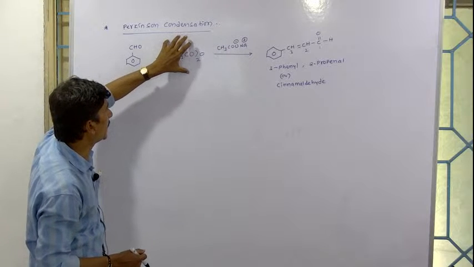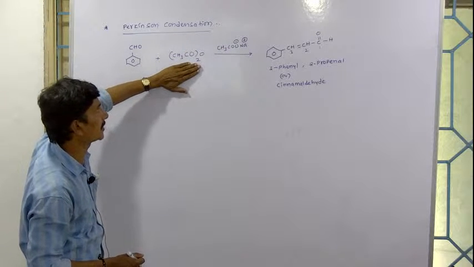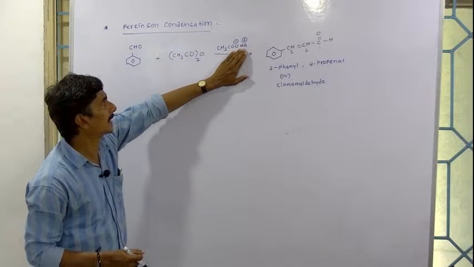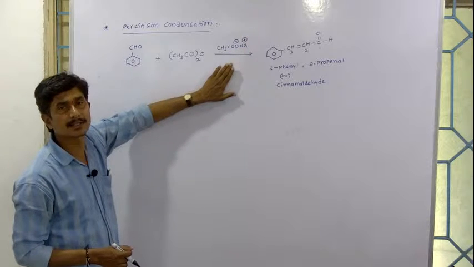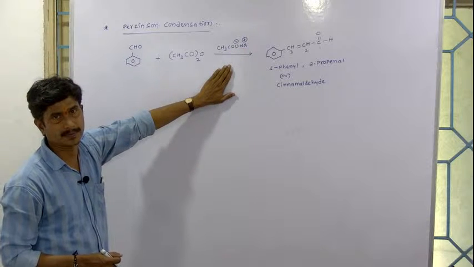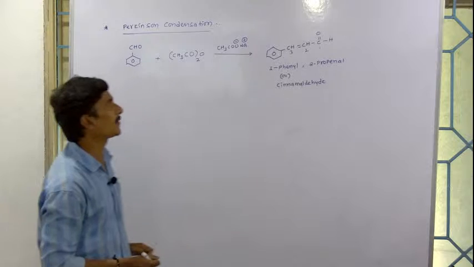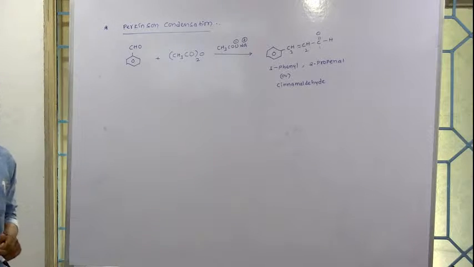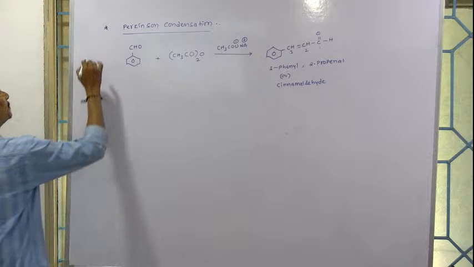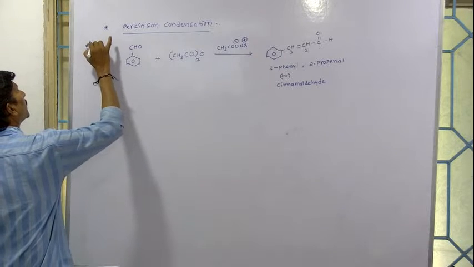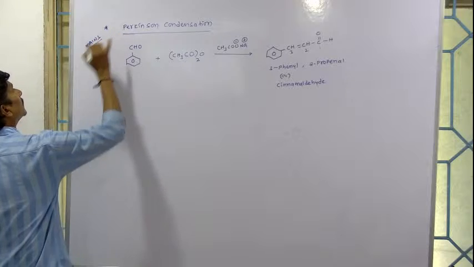Whatever the anhydride we are using in this reaction, that acid salt is used to give the alpha beta unsaturated product, that's what we call the Perkin condensation reaction. It is for mains, no?